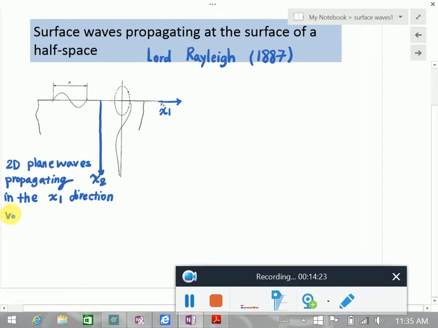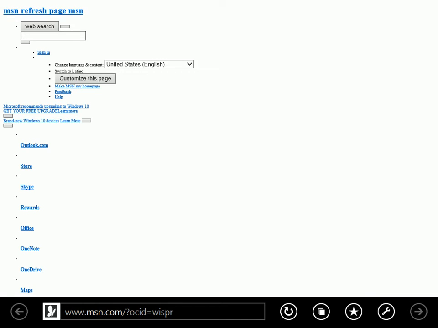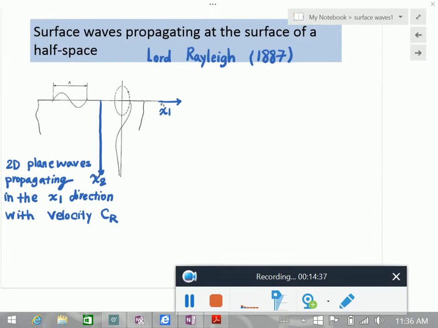So let's call the velocity C sub r. R for Rayleigh. I'll explain later on why C and not V, but some people also use V sub r, it's fine.